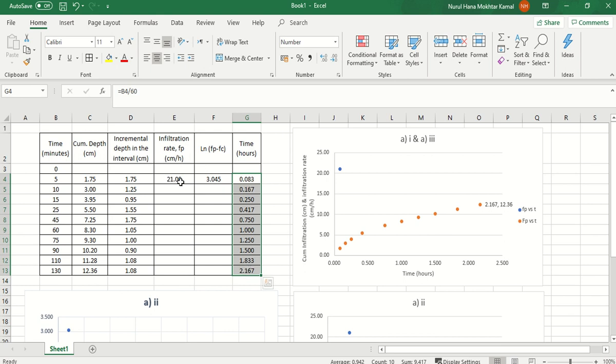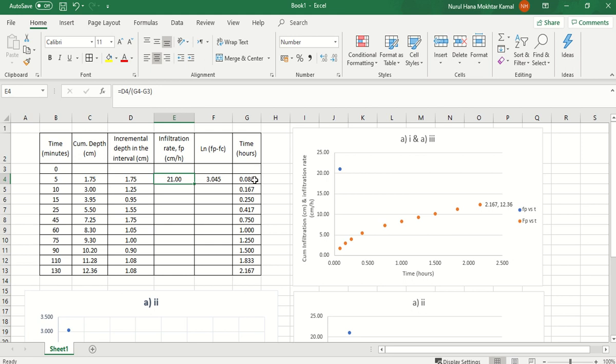Then how do you get this one? The hint is actually in the unit. It's centimeter per hour, so all you have to do is divide this one with this one. But remember, this is the cumulative time in hours, so you have to find the interval difference between this one and this one. That's why the formula is D4 divided by G4 minus G3.